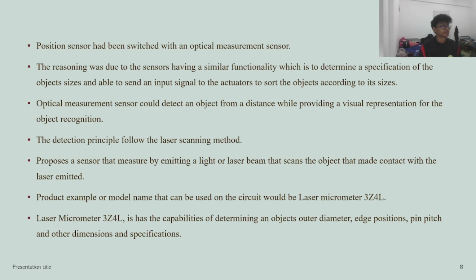An optical measurement sensor can detect an object from a distance while providing a visual representation for object recognition. The detection principle follows the laser scanning method. It is a sensor that measures by emitting a light or laser beam that scans the object that made contact with the laser emitted. A product example or model that is used for the circuit would be the laser micrometer 3Z4L.